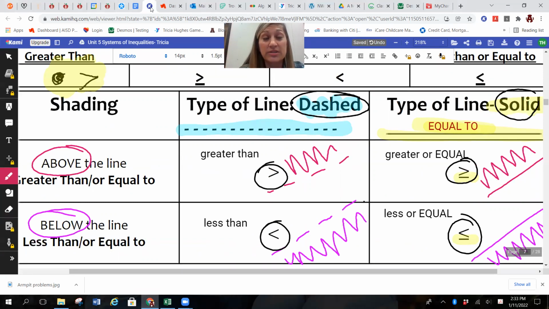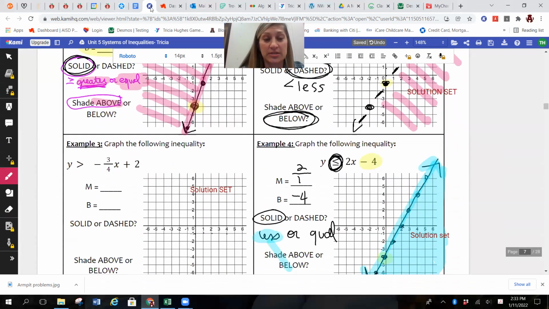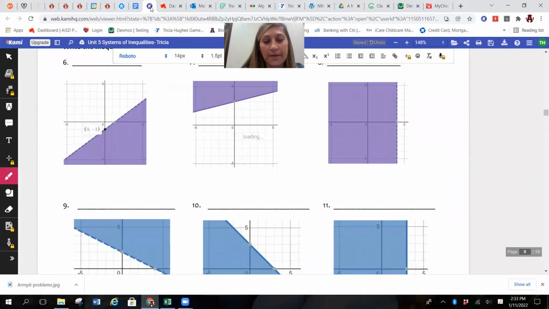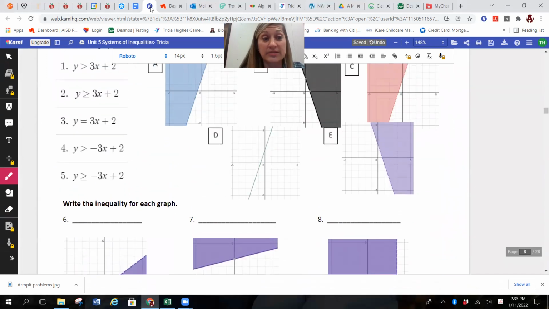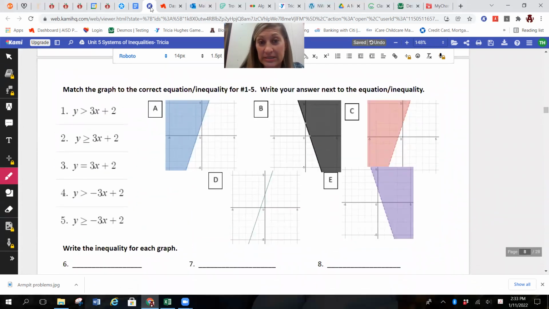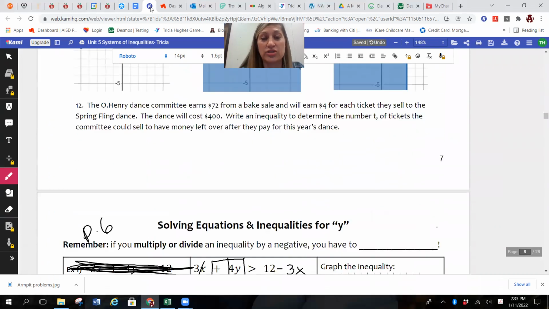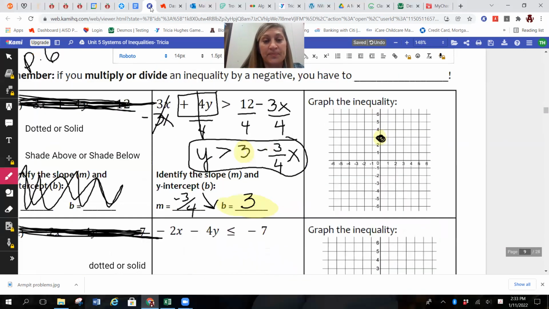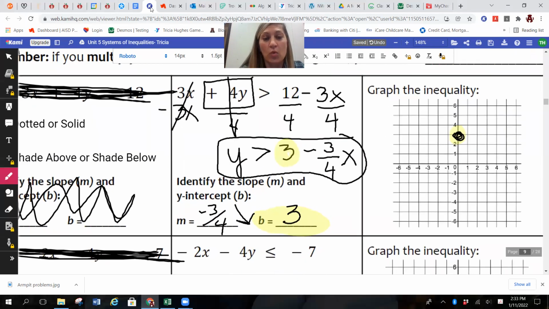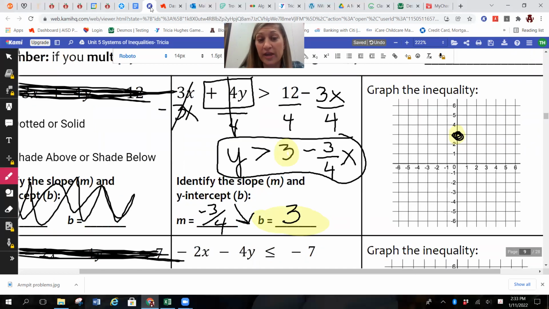Both greater than signs are above when you shade, and both less than signs are below when you shade. So this is your resource page if you're needing assistance on which way to shade, or if it's dotted or a solid line. Page 6. If you also need extra practice on these questions, page 7 is in the binder or in your packet just for extra practice.